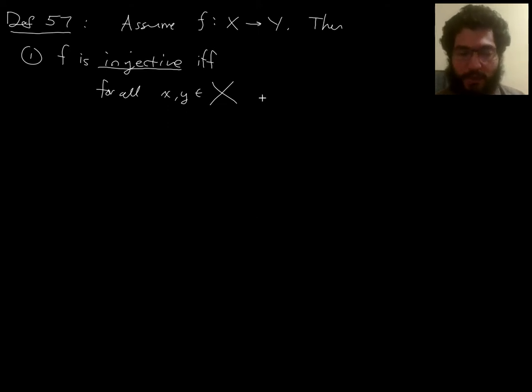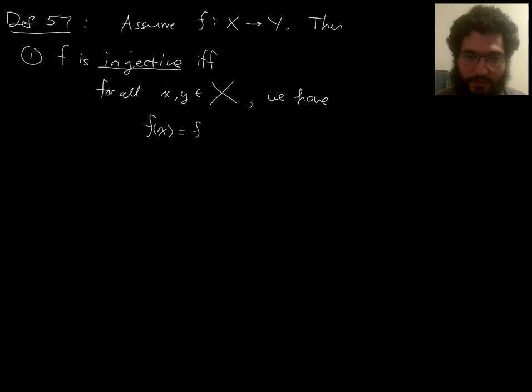For all x, y in X, we have that if f of x equals f of y, which I can talk about since x and y are in the domain of f, I can evaluate f at x or y, then we have x equals y.